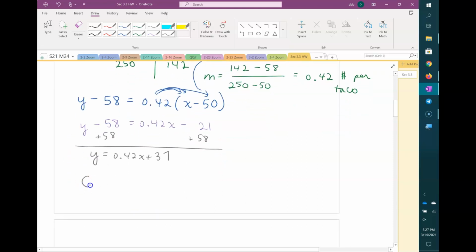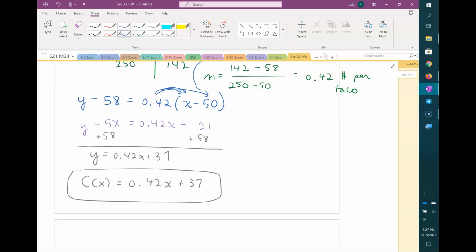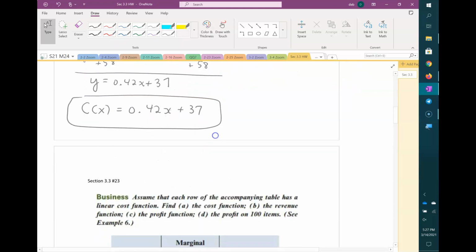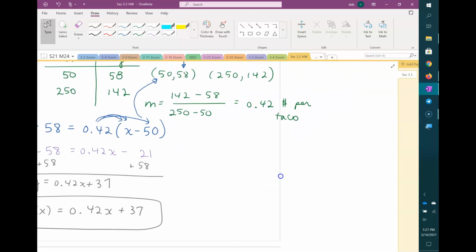So now we need to write this as a function, as a cost function. So we write C of x equals 0.42x plus 37. So that's our cost function, that if we put a value of x in, it tells us what the total cost is for producing that many. So that's part A. Then part B says, what are the fixed costs?